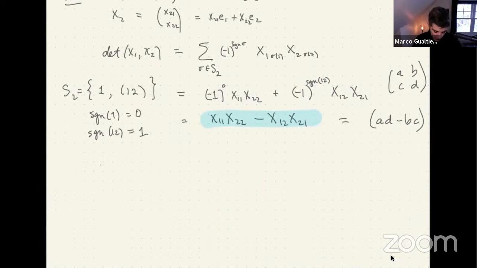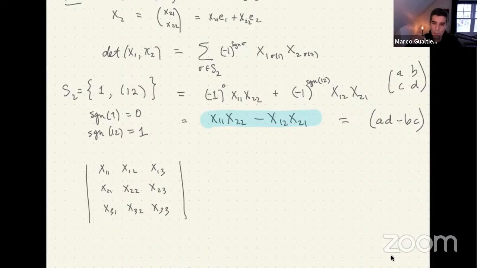So if we had x11, x12, x13, okay, then we would have, sometimes determinant is denoted by putting these straight lines on the side. But I prefer to just write it so that there's no confusion. The determinant of this list of vectors is going to be a sum.